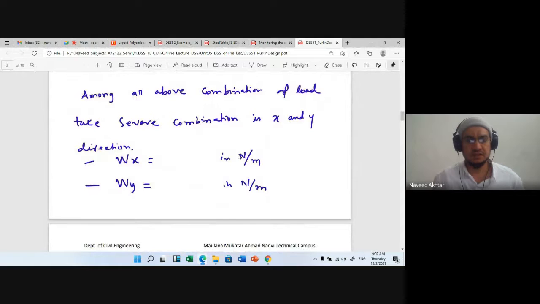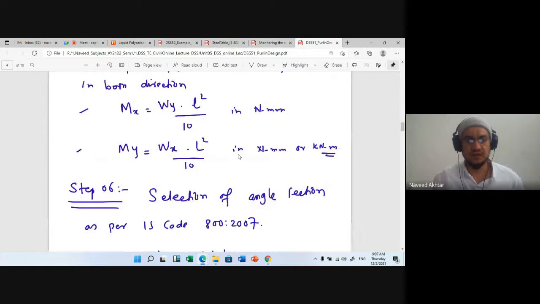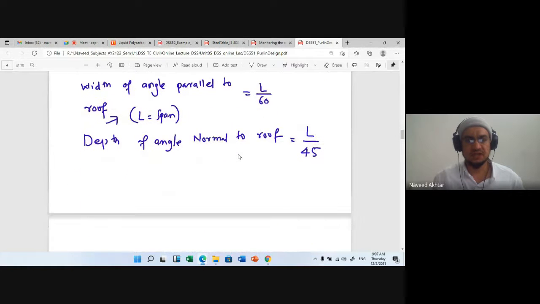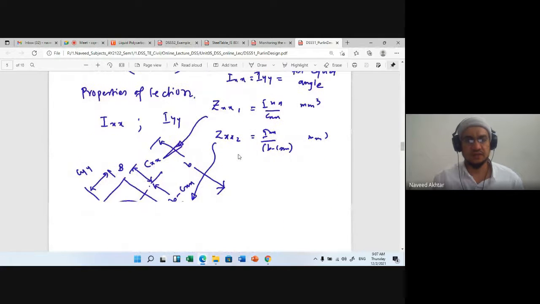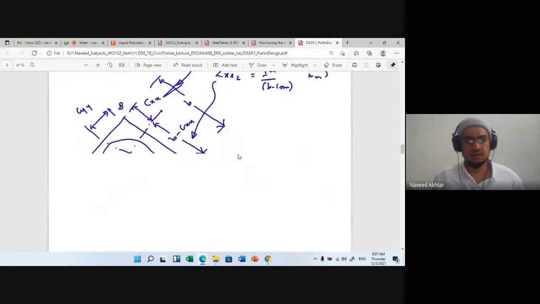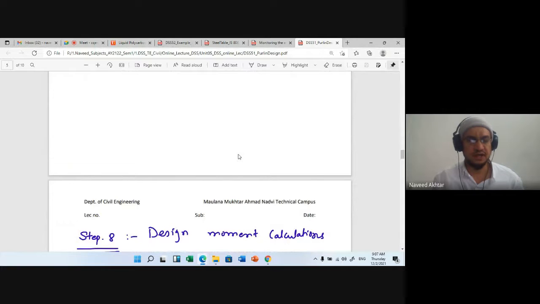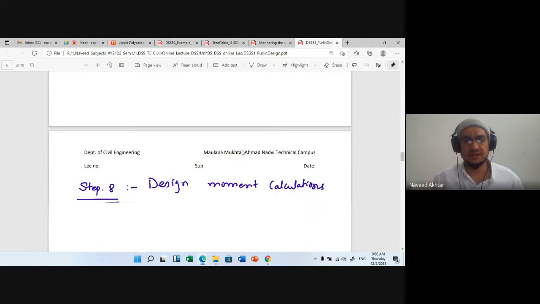We have to select the section for the angle purlin and check the design criteria for strength in bending, because the purlin has transverse load in both x and y directions, as it is inclined to the principal rafter on the roof truss.